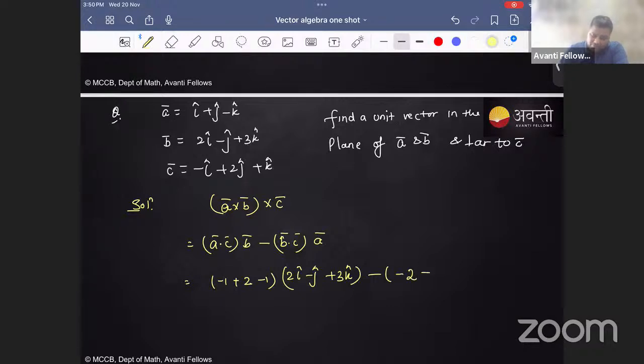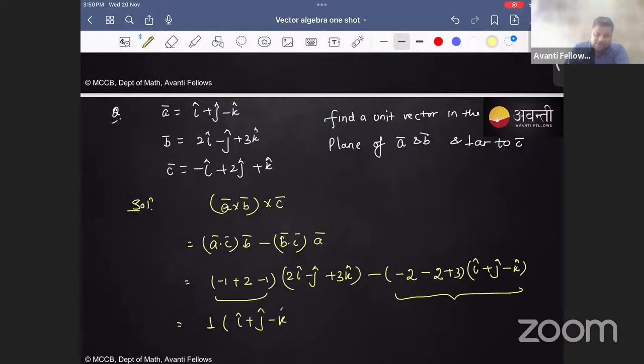Minus 2 plus 3, times vector A, that is I cap plus J cap minus K cap. So this value goes 0. That is okay. So this is going to be my answer. That is minus 4 plus 3 minus 1, so it is 1 times I cap plus J cap minus K cap, isn't it?